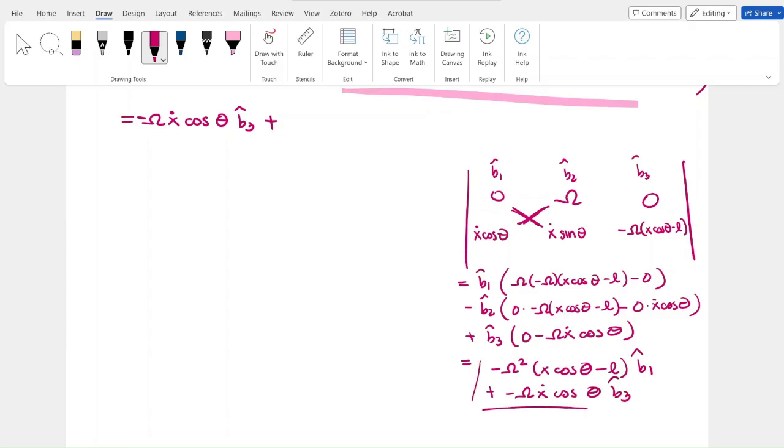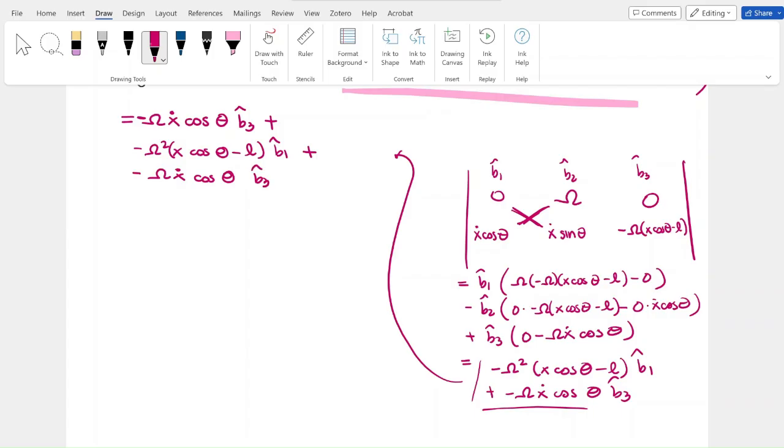Okay, this is our cross product term, so we can put that up here. Minus omega squared times x cosine theta minus L B1 hat plus negative omega x dot cosine theta B3 hat. Did I mess up something? Nope. Okay, so we're good. Now we can simplify this.